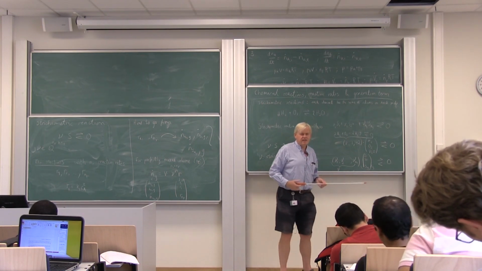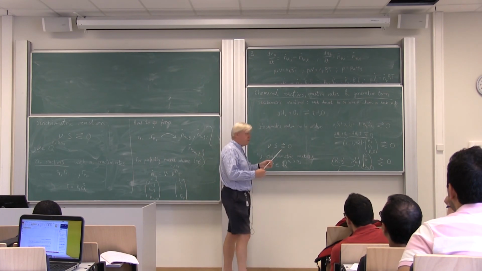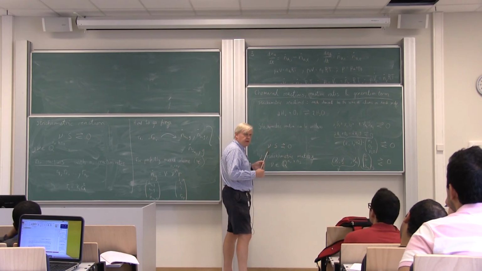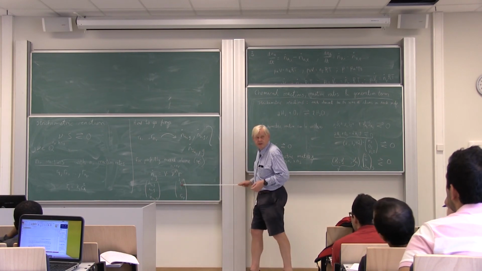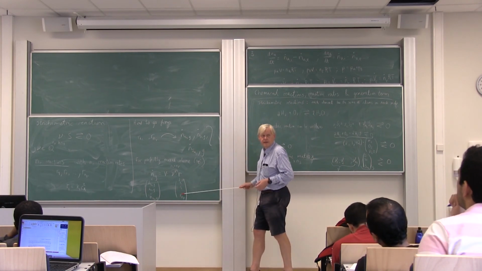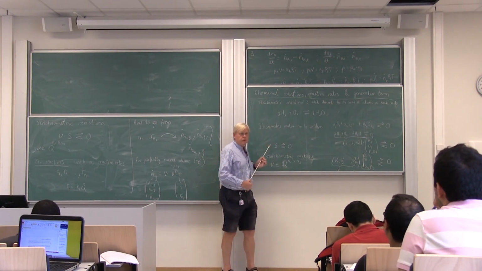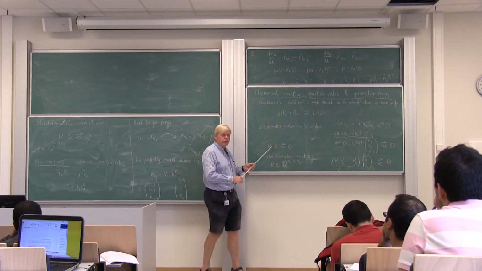Okay? Second thing, if I have several stoichiometric reactions, so I have several rows here, I have to make sure that I use the same order of the reaction rates here that I used here. So reaction rate number 1 has to correspond to the first row in the stoichiometric matrix.